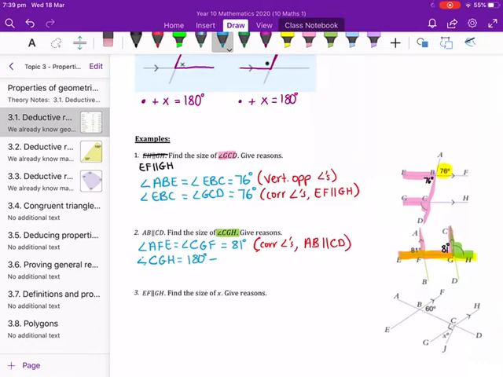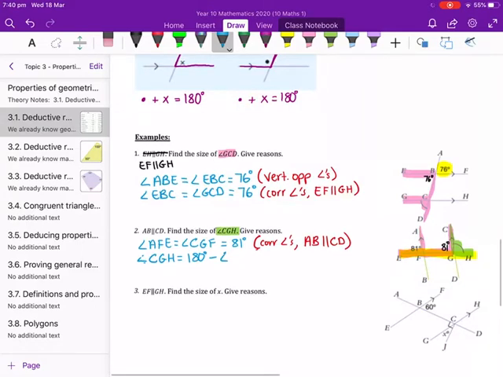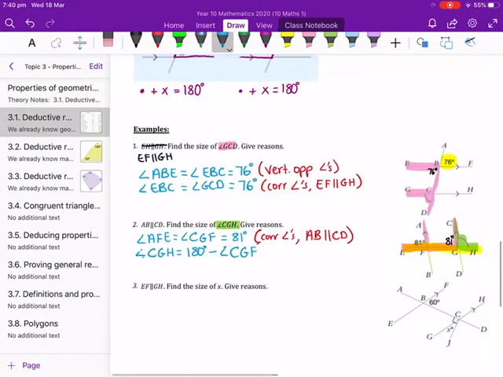I'm going to write 180 degrees minus our angle CGF, which equals 180 degrees minus our 81 degrees, and 180 minus 81 degrees equals 99 degrees.